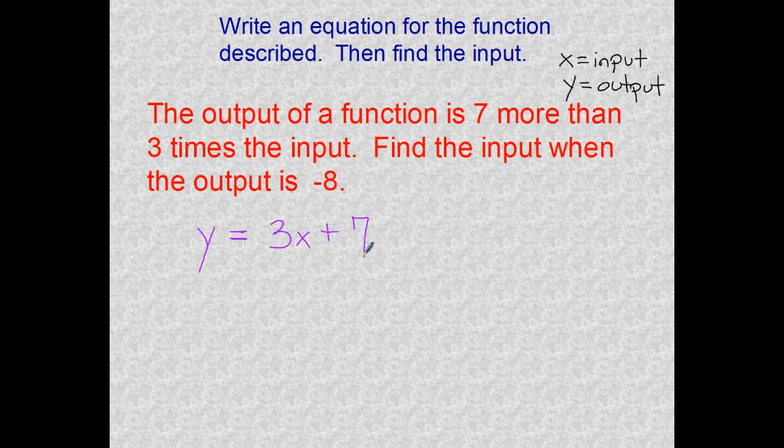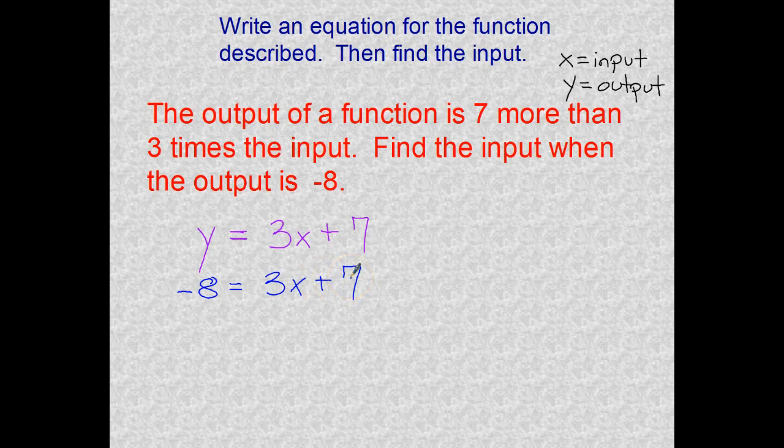So there's your equation. Now they want you to solve when you know what the output is. So let's replace the output with that -8. So the output, -8, is 3 times a number increased by 7.